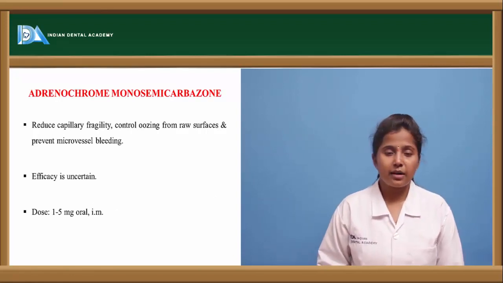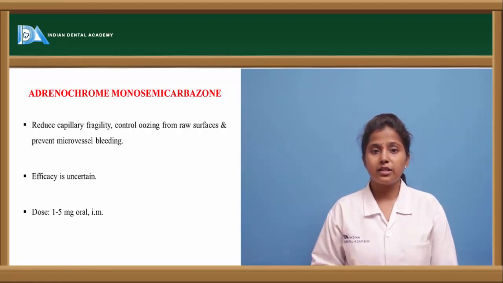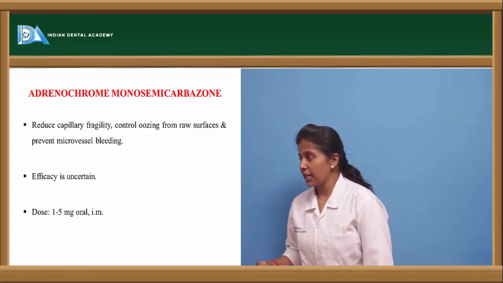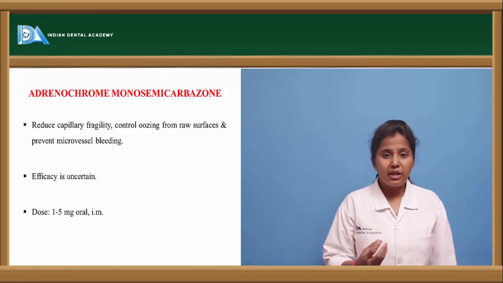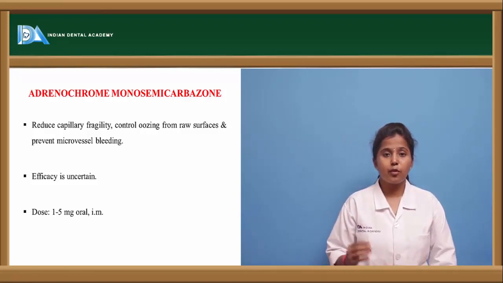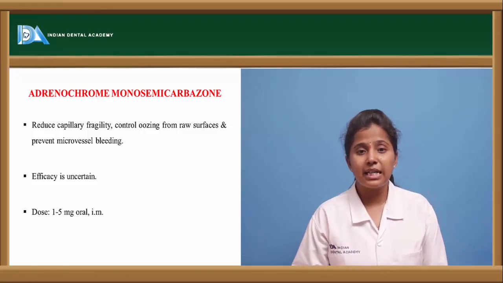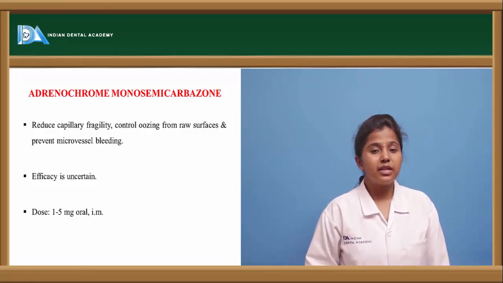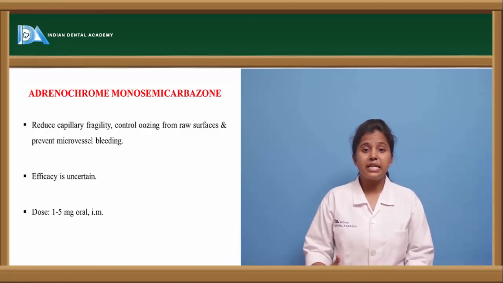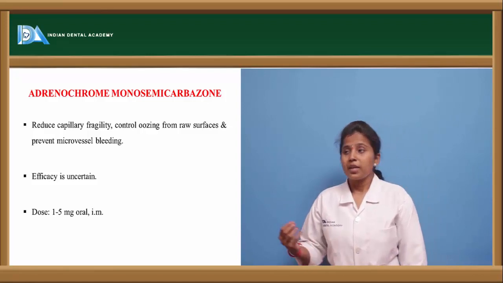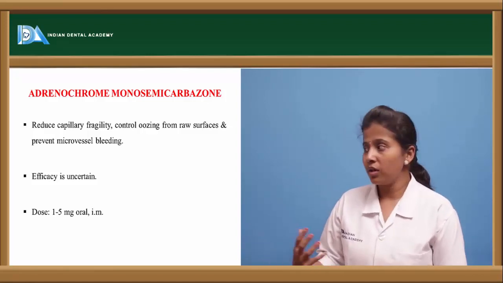Adrenochrome monosemicarbazone is one of the miscellaneous drugs which is used as a coagulant. It reduces capillary fragility. In the body we have blood vessels: arteries, veins, capillaries, and minute capillaries. These capillaries are a network of blood vessels which are very sensitive. So what does this drug do?